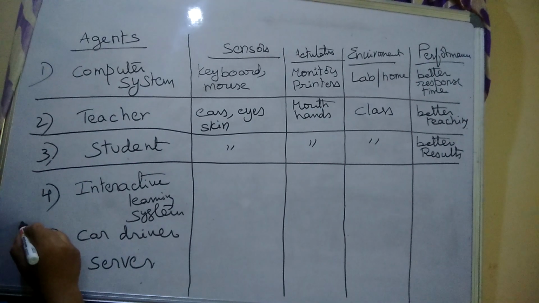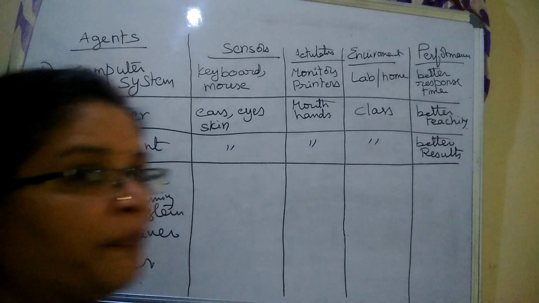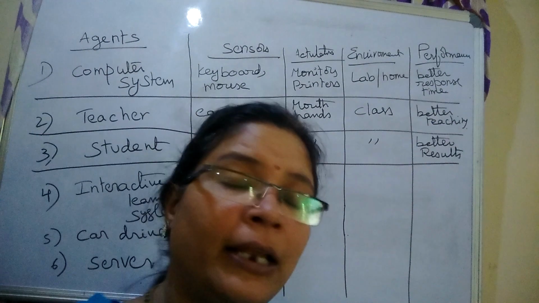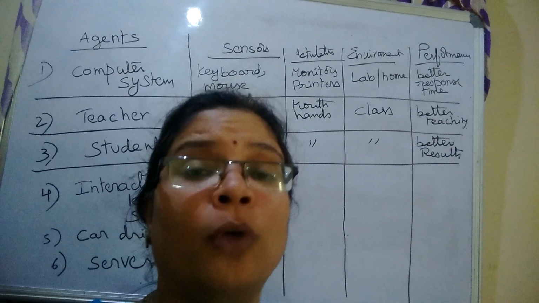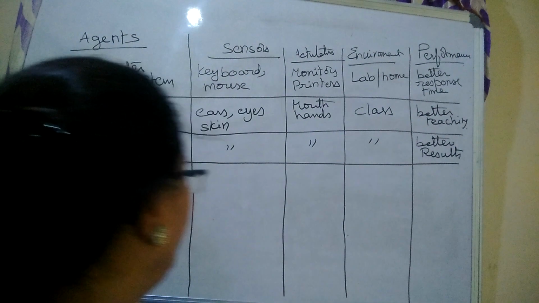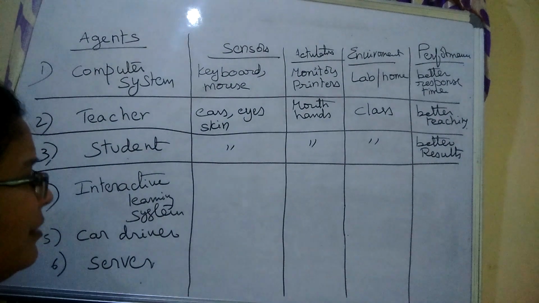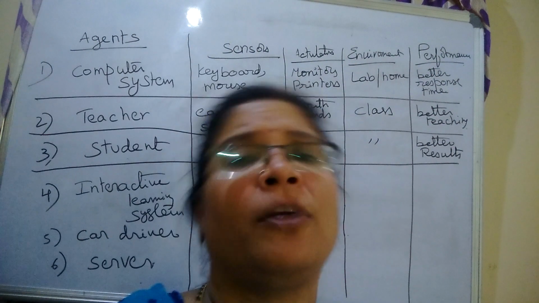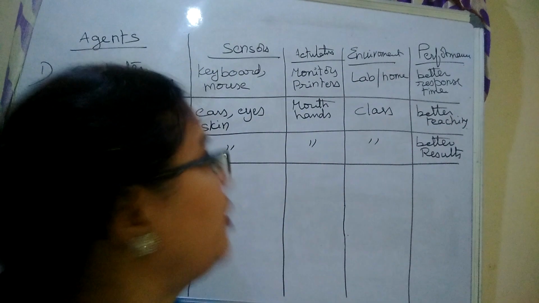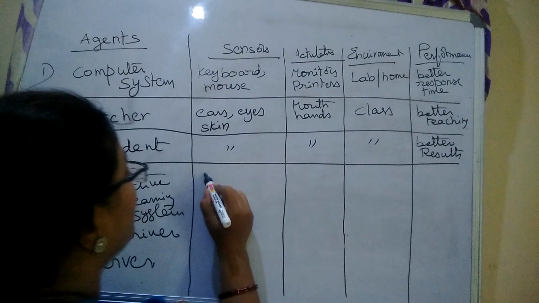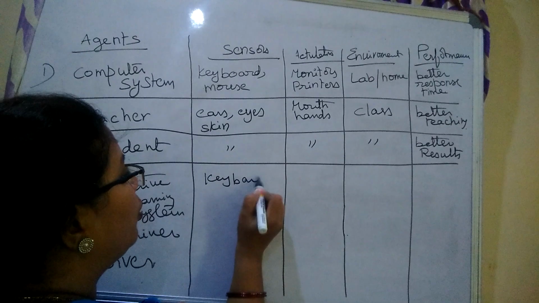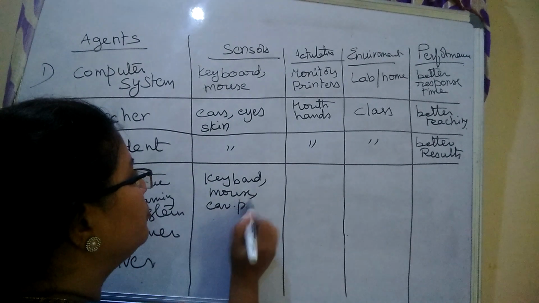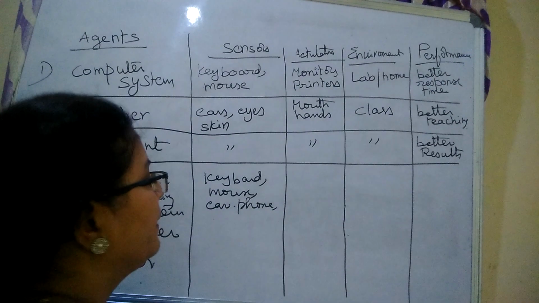Next we are going to talk about an interactive learning system. We want to learn through a computer machine with the help of some English or mathematics, whatever it is, in the home. That is called an interactive learning system. So what are the various sensors and actuators for an interactive learning machine? Actually it's a computer machine. Same as the previous computer system, it has its own keyboard, mouse, and sometimes we also use earphone and mic.